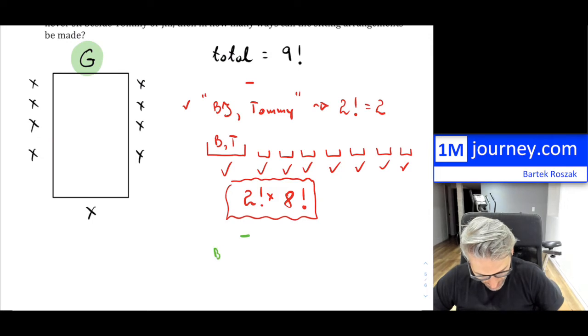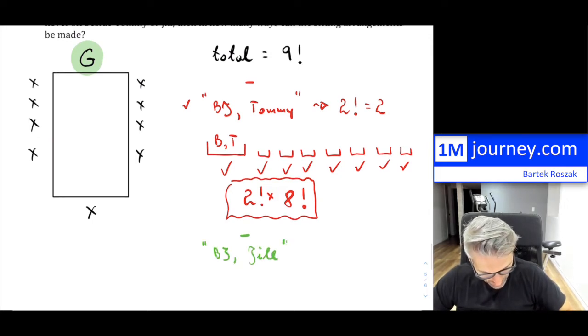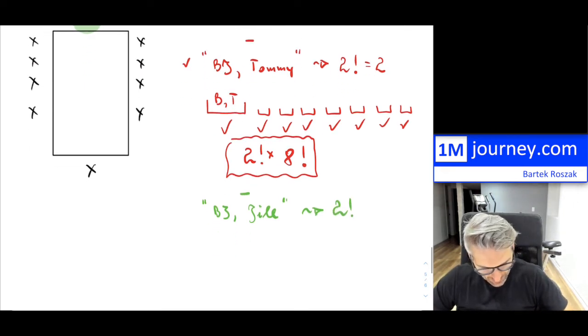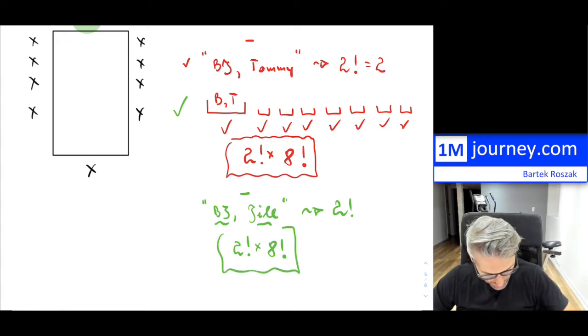So now BJ and Jill together is identical to 2 factorial, and then we would have exactly this, except with BJ and Jill, so that would be 8 factorial ways multiplied by 2 factorial that I can swap these two. So that is now subtracting that.